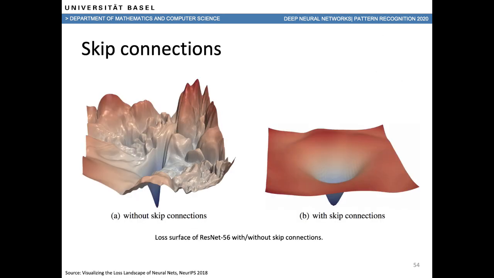Just as an extension to the ResNet network, in 2018 there was a paper where they try to visualize the loss landscape of neural networks.